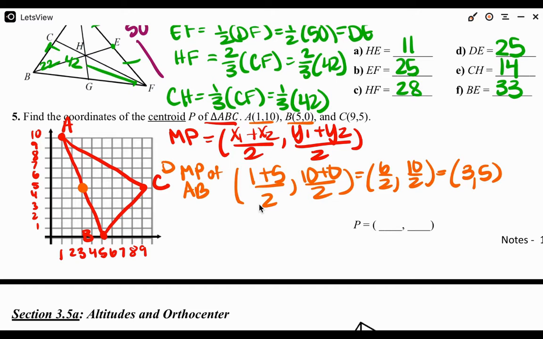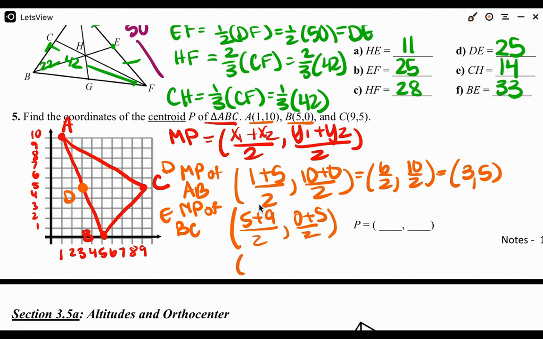We call this D. E is the midpoint of BC. So 5 plus 9 over 2 and 0 plus 5 over 2. Reduce this, we have 14 over 2 and 5 over 2. So this gives us 7 and 2.5.